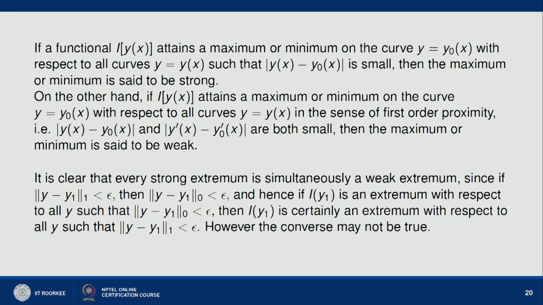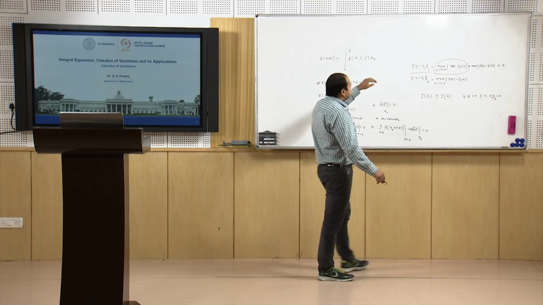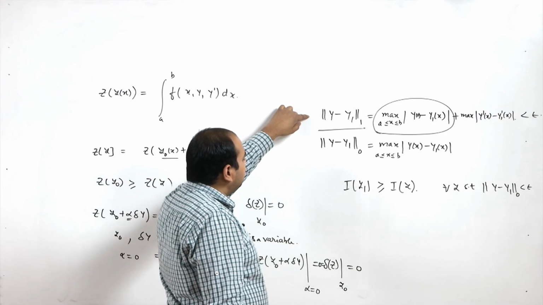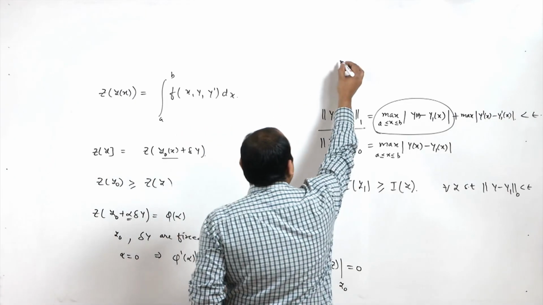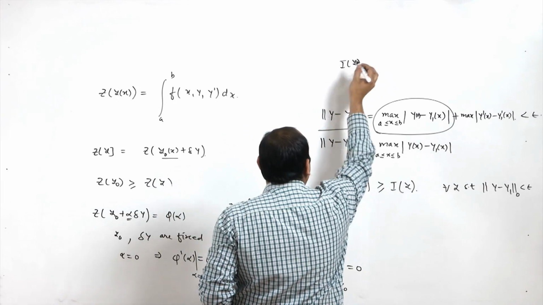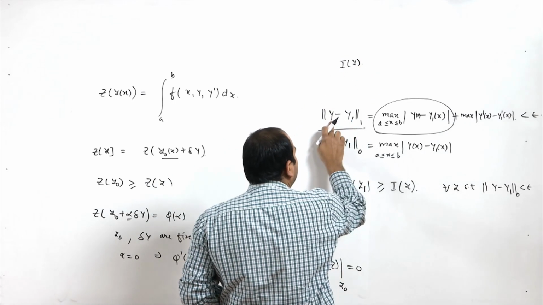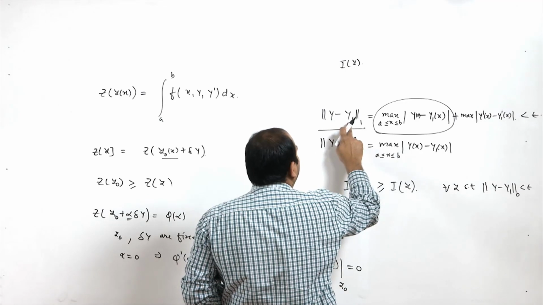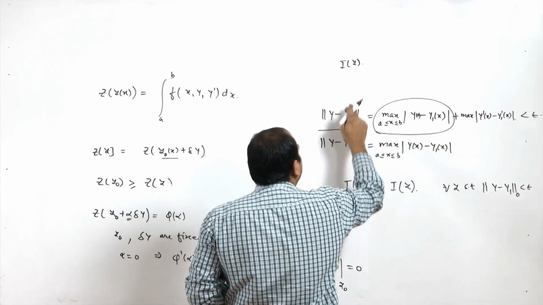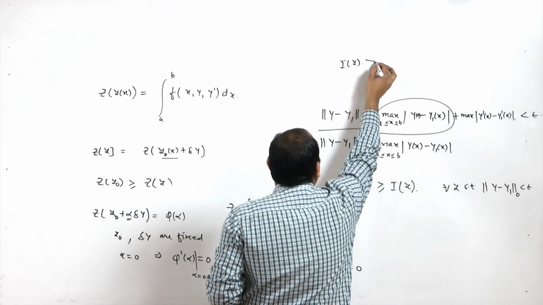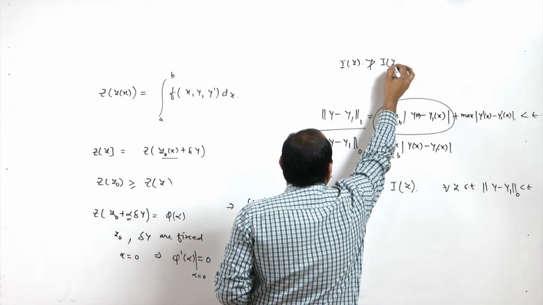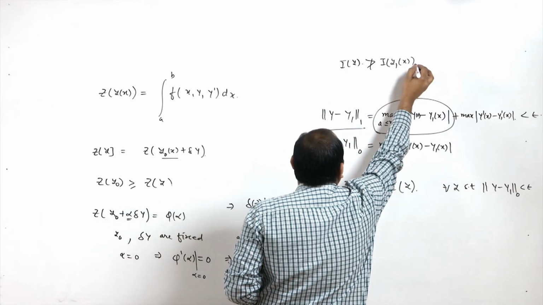It may happen that if we consider the maxima or minima of this function I of y, then we may find a curve in the sense of first order proximity that I of y is not equal to I of y1 of x.